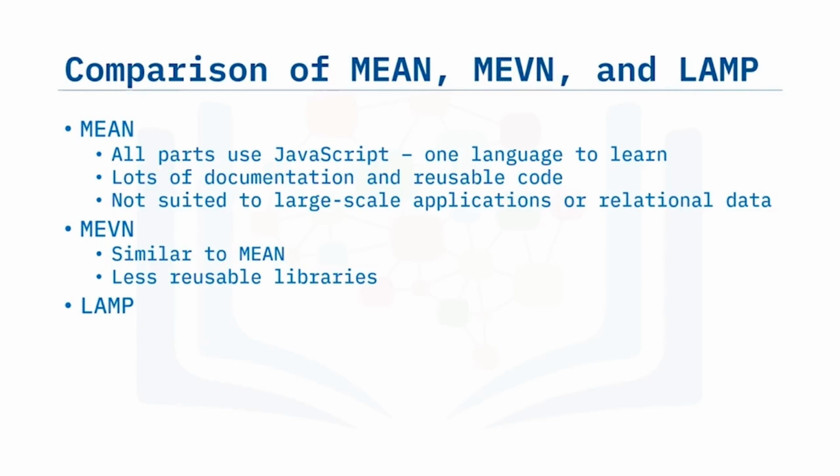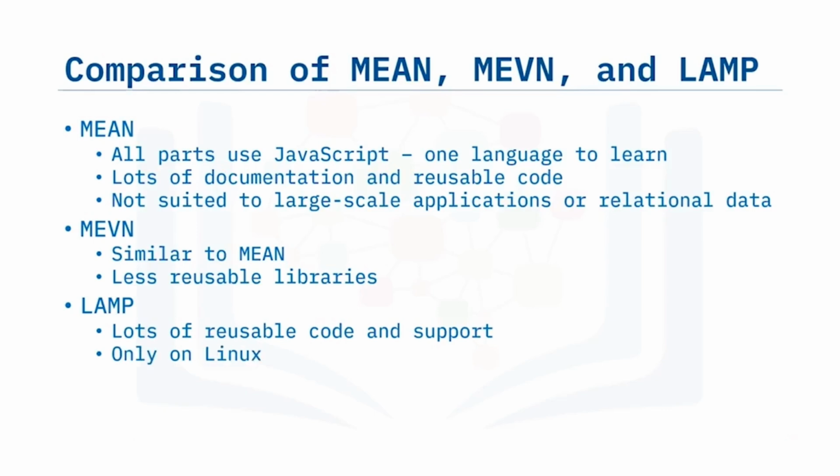Like Mean and MEVN, the software and services in the LAMP stack are open source, meaning that there are lots of reusable chunks of code available to the developers. And because LAMP is one of the oldest software stacks, it's easy to find support and reusable solutions. However, because the Linux operating system is an integral part of the stack, it isn't as flexible as Mean and MEVN, which are platform agnostic.